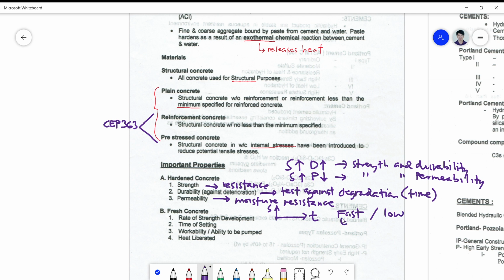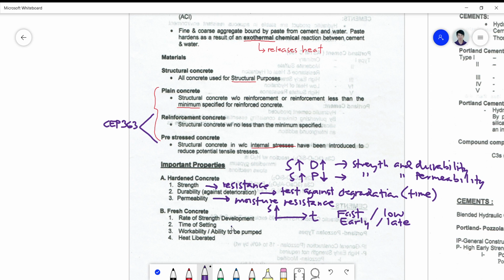It could be in terms of early strength and late strength. Early strength means your concrete gains strength fast, and late strength means that your rate of strength development is low.